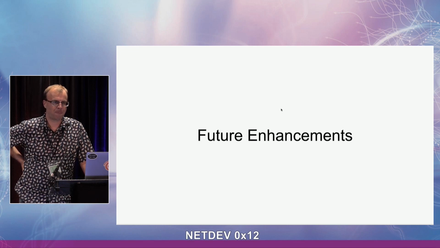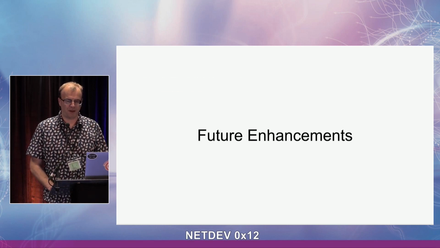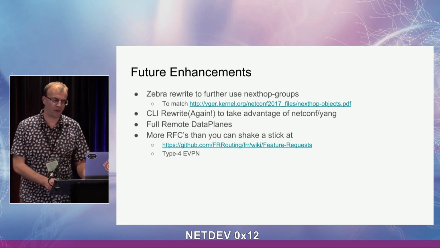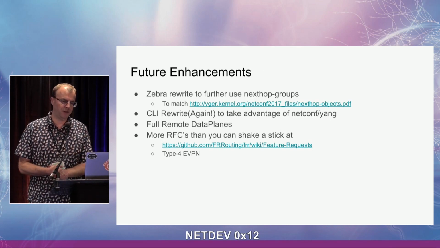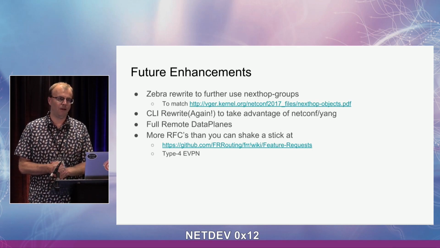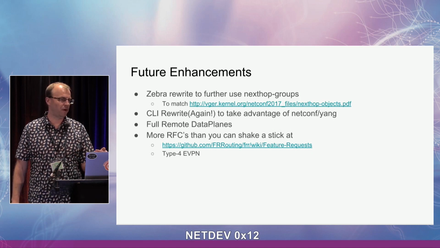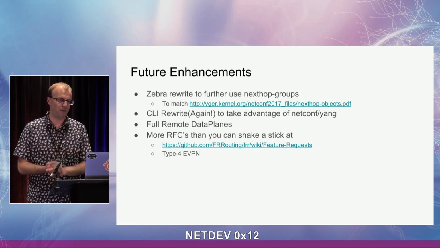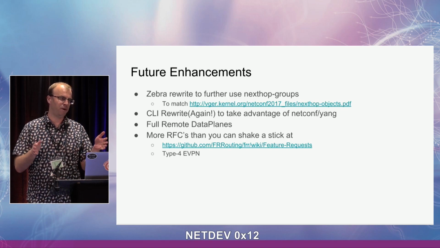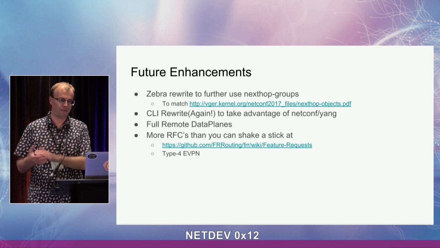All right, so where are we going with FRRouting? Currently, the main big thing we're working on is a Zebra rewrite. I think it was mentioned in an earlier talk today that David Ahern is working on rewriting next hop groups, breaking out routes and next hop groups in the Linux kernel.